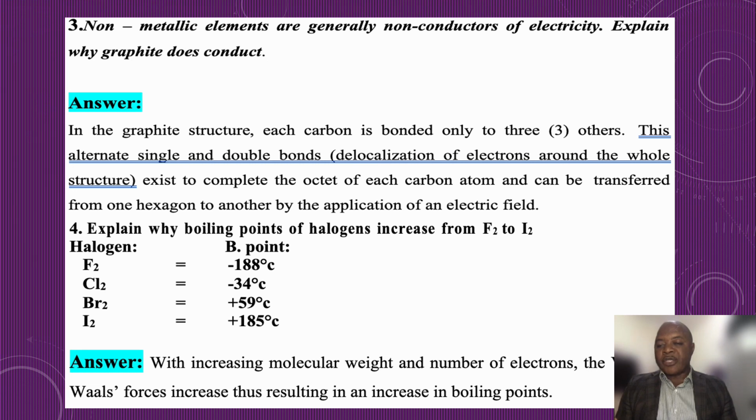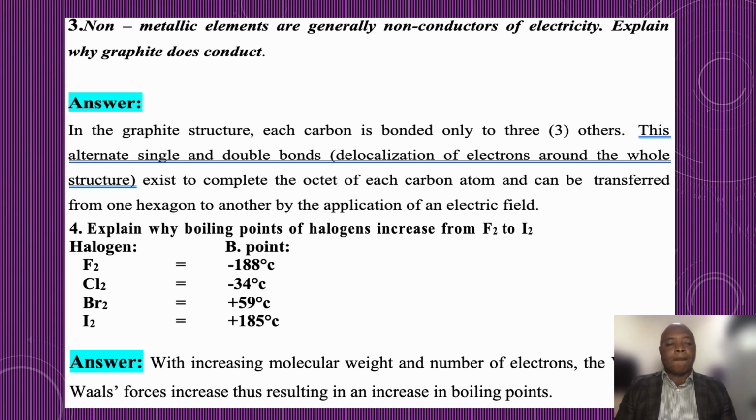The 4 electrons that are supposed to be bonded to 4 other carbons are bonded to only 3. There is 1 electron there that is loose and is delocalized. It is this delocalized electron that is not bonded that gives graphite the property to conduct electricity.